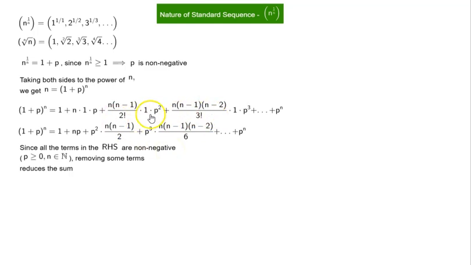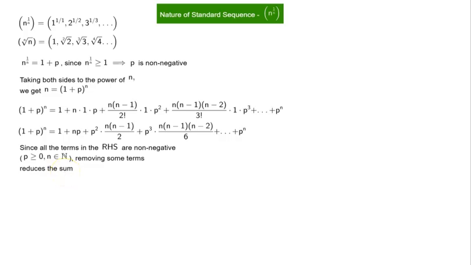Because here we have only n and p. n is in natural numbers and p is non-negative. That means all the terms in this expansion are going to be positive. So removing some terms reduces the sum.